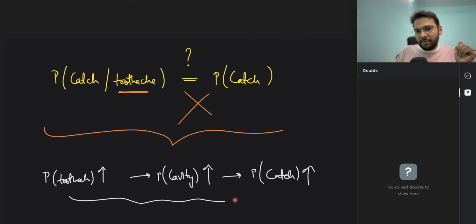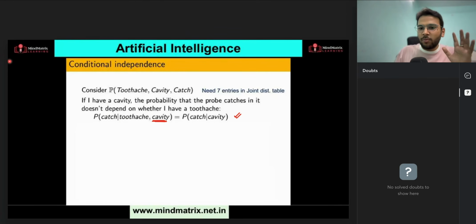So somehow it is dependent. That is why I'm saying it is not absolute independent, right? This is conditional independence. Now I hope you are able to understand why: due to this cavity condition, toothache and catch become conditionally independent. Crystal clear?